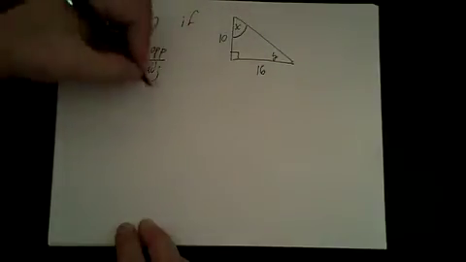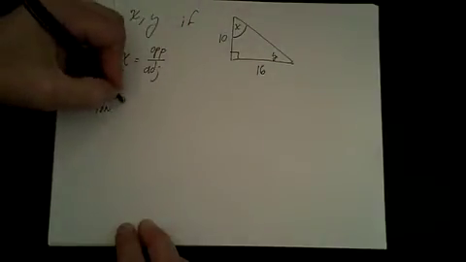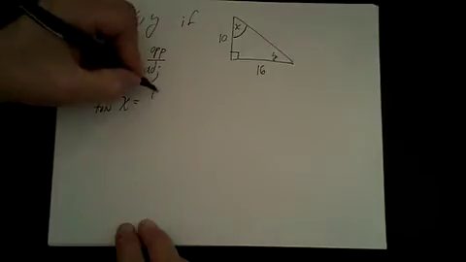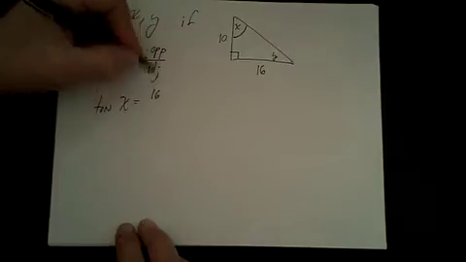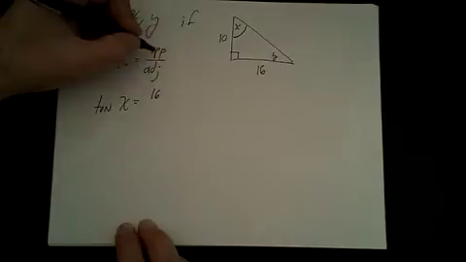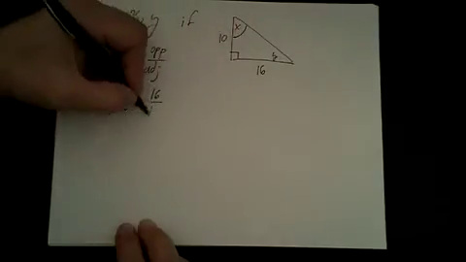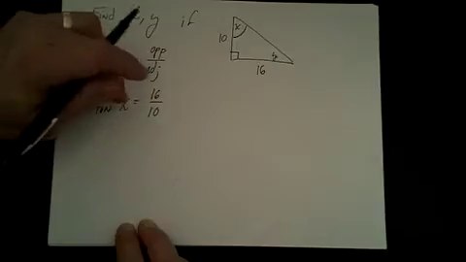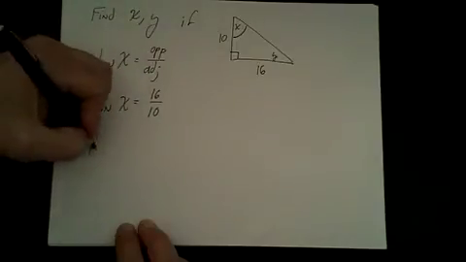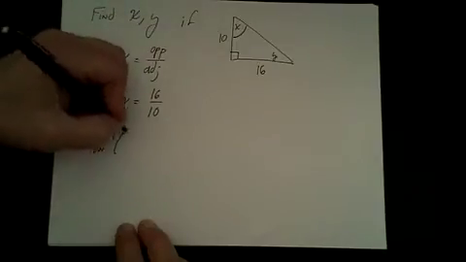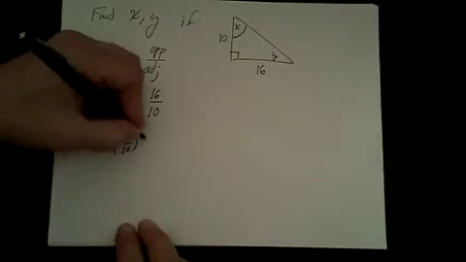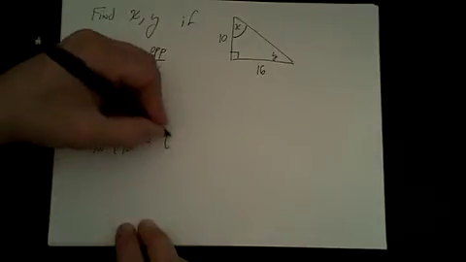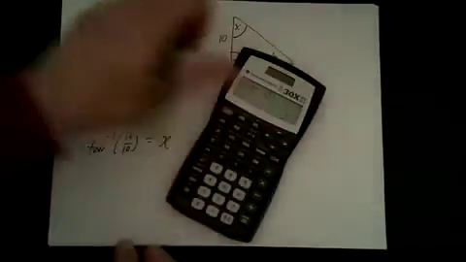So tan of x is equal to 16 opposite over 10 adjacent. Since I'm finding x, I do the inverse: tan inverse of 16 over 10 is equal to x, and I just do that on my calculator.